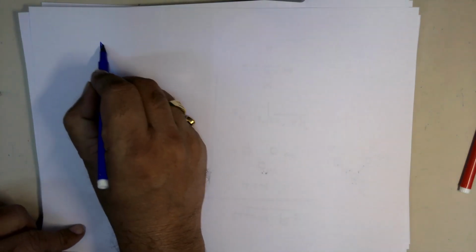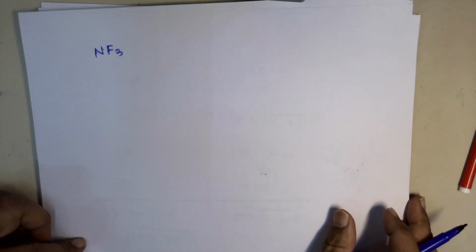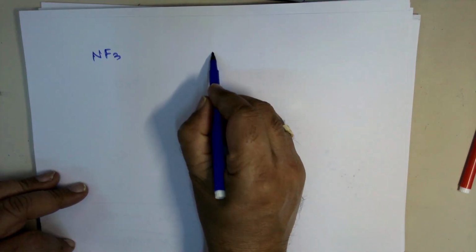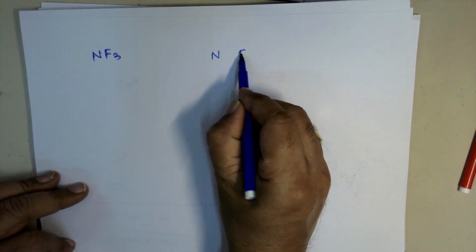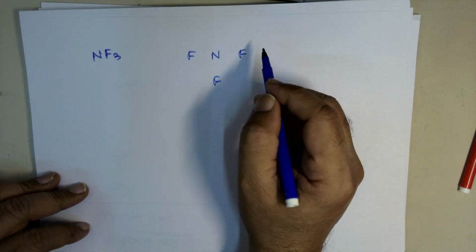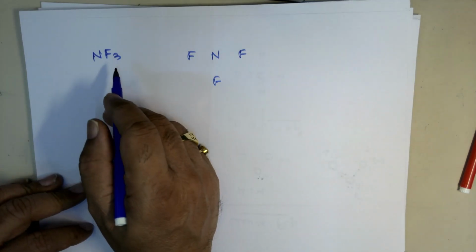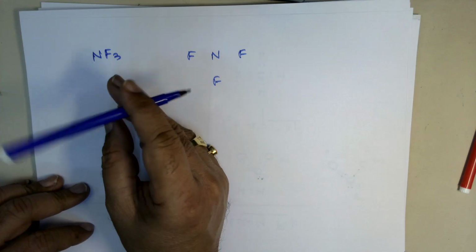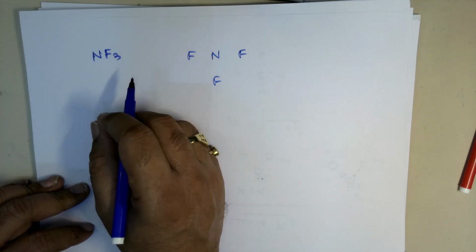Okay. Then let me introduce one more molecule so that you will have some more idea about that. Nitrogen trifluoride. So here nitrogen, fluorine, fluorine, fluorine. So what is the atomic number for fluorine? Tell me.